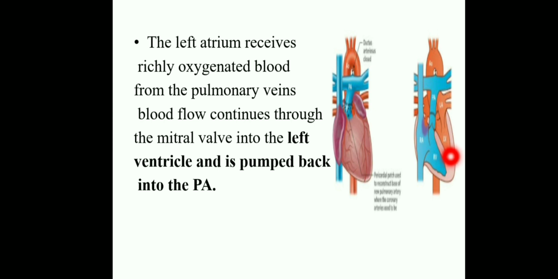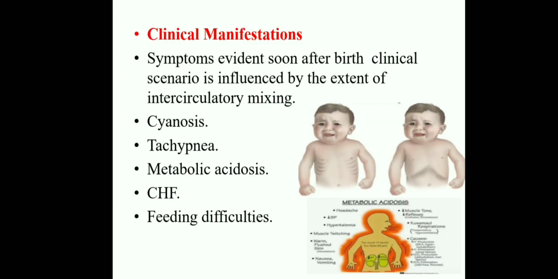Naturally, the aorta arises from the left ventricle, but in this condition, the pulmonary artery is rising from the left ventricle. So here the mixing of the oxygenated and deoxygenated blood is there. So the main symptom is that the child is having cyanosis. So the mortality rate is increased. In this condition, associated defects are also there, that is VSD, ASD, PDA, pulmonary stenosis and coarctation of aorta. Okay, this is about the pathophysiology.